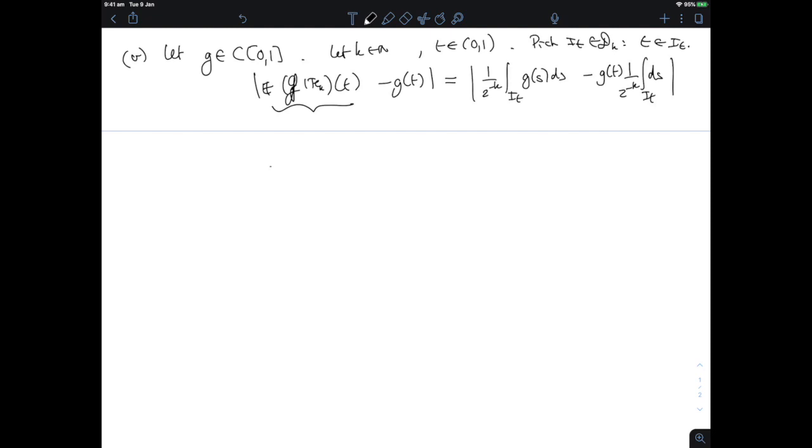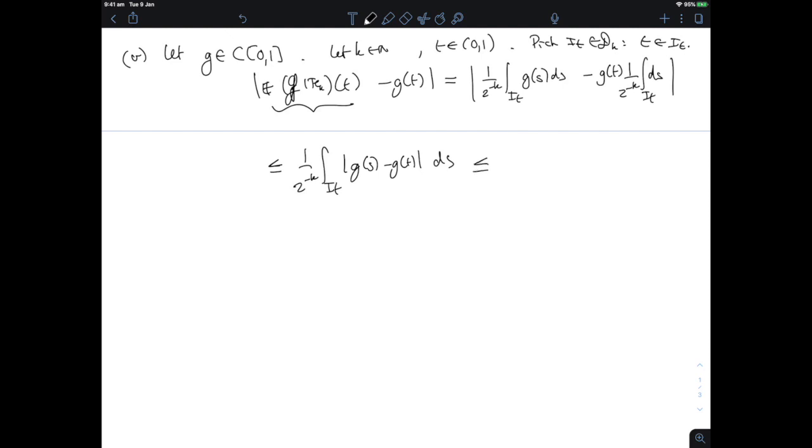Such that we can see this as being smaller than the average over it of the absolute value of g of s minus g of t. But this is the difference between two values of g, s and t, that are both in it, and it is an interval of length 2 to the minus k.